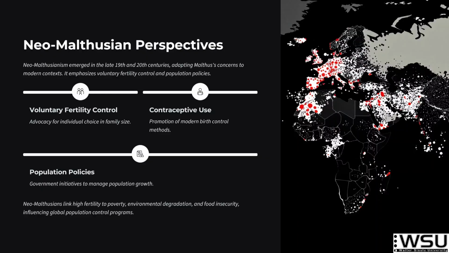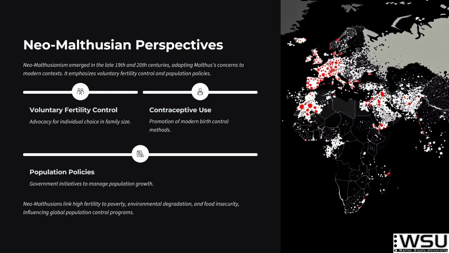The Neo-Malthusians link high fertility to poverty, environmental degradation and food insecurity, influencing global population control programs.